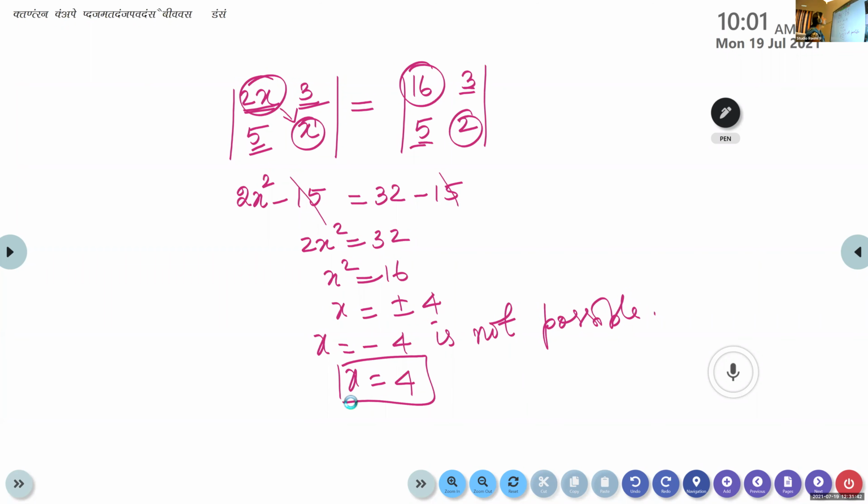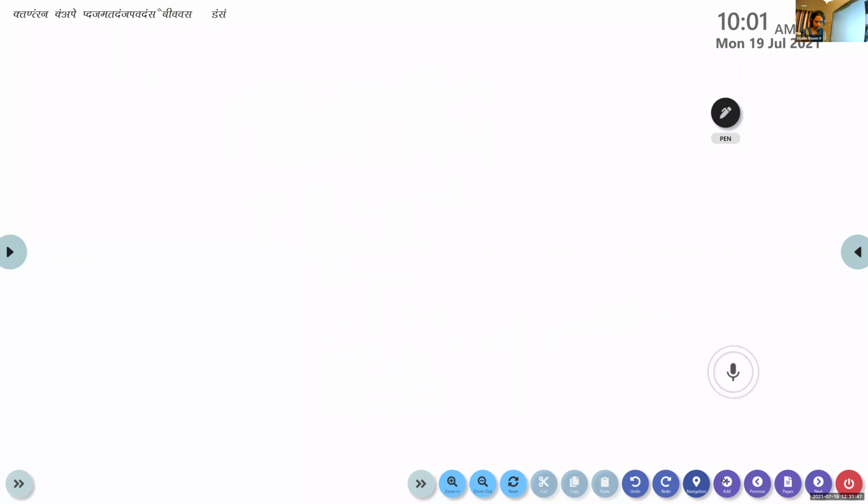Okay. Now write the next one. Let determinant 3y x1 be equal to determinant 3 2 4 1.